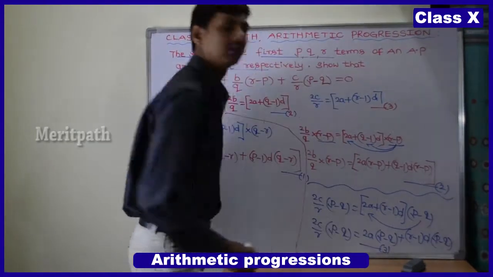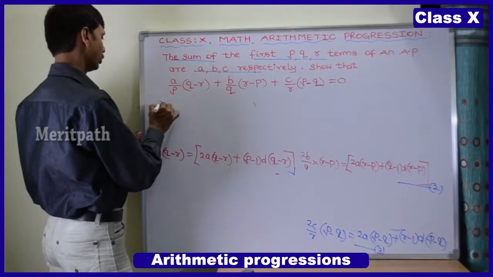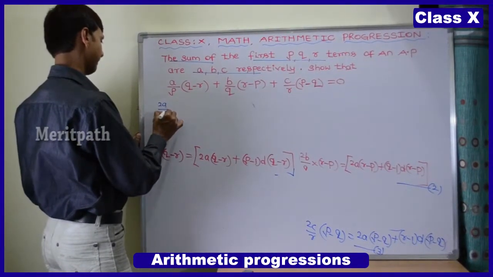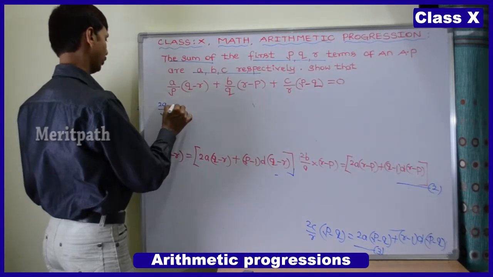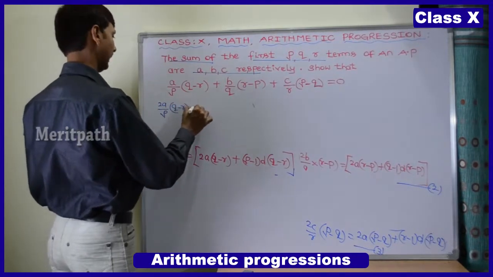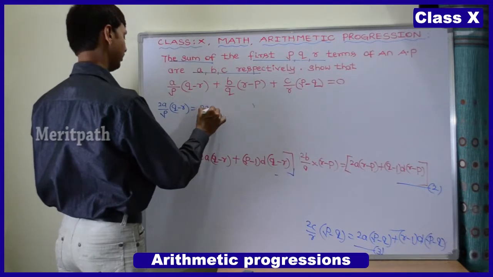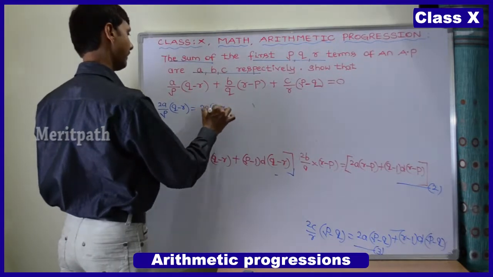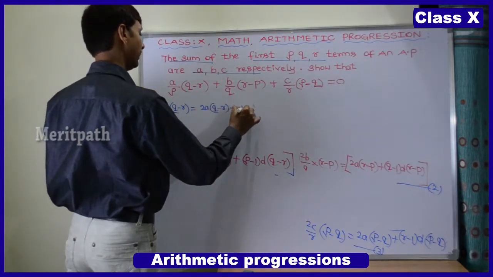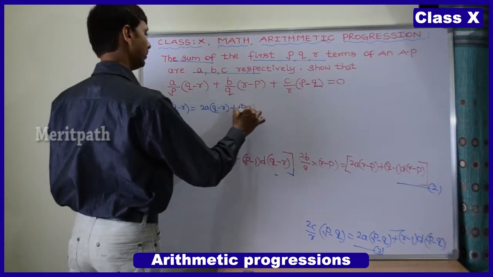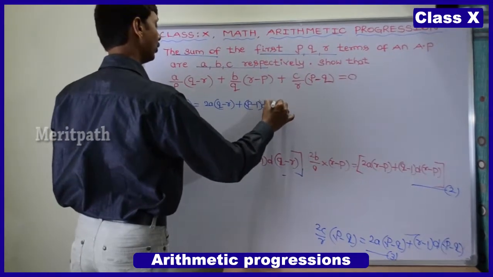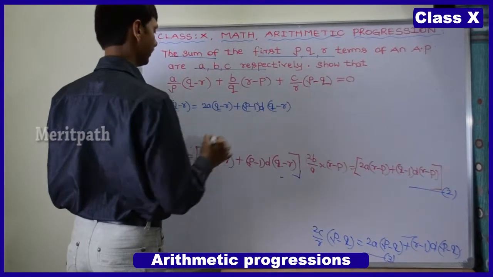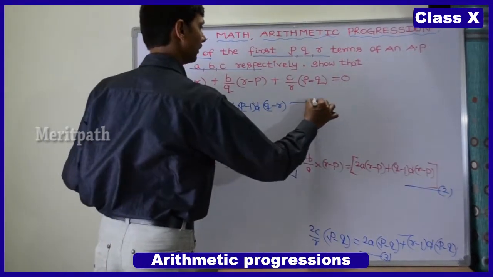So we got three equations. 2a by p into q minus r equals 2a into q minus r plus p minus 1 into d into q minus r. This is the first equation we got here.